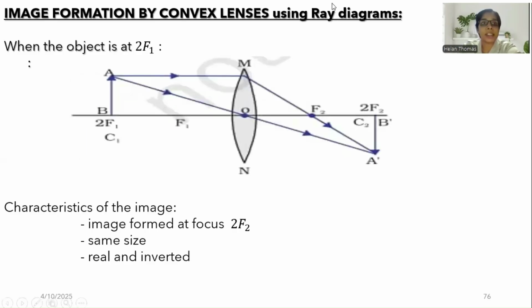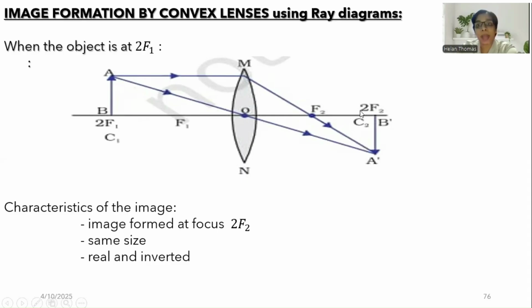When the object is placed at 2f1, or the center of curvature, the parallel ray will go through the focus and we extend the ray here. The second ray that goes through the optic center will meet it at this particular point where you have your B prime, A prime, the real and inverted image. The characteristic of this image is that it is of the same size.